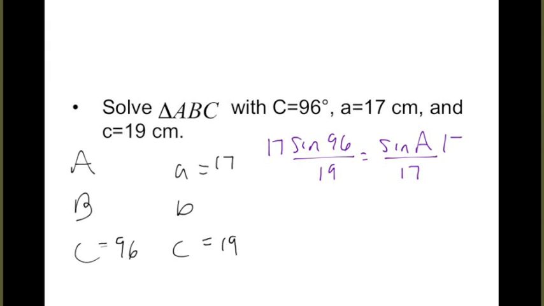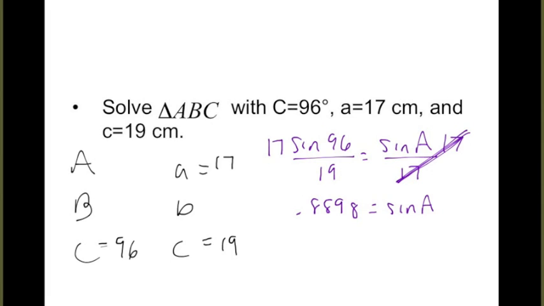I'm going to multiply both sides by 17 to cancel out that denominator and type that in the calculator. Get about 0.8898. And to find what the angle is, then we need to inverse sine that or second sine that on the calculator.